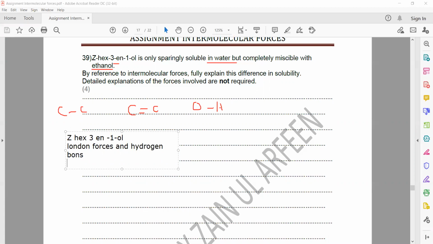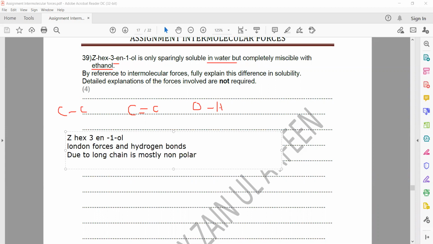And because of the long chain, it is mostly non-polar, so major forces are London forces. Because the concept is like dissolves like, so major forces are London dispersion forces. So why is it sparingly soluble?